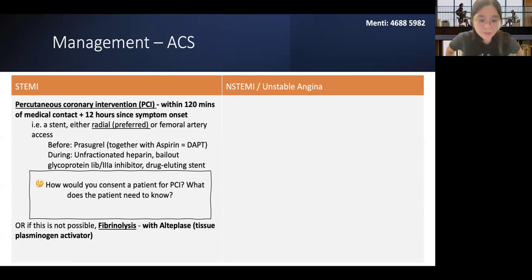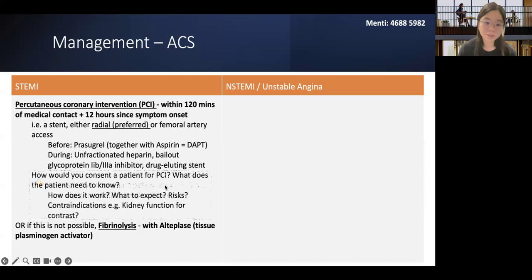Okay, so you would like to tell them what it involves, of course, but also the benefits and risks. Just to tell you right now, the benefits would of course be saving them. But some risks might also be bleeding, because it's an endovascular procedure.